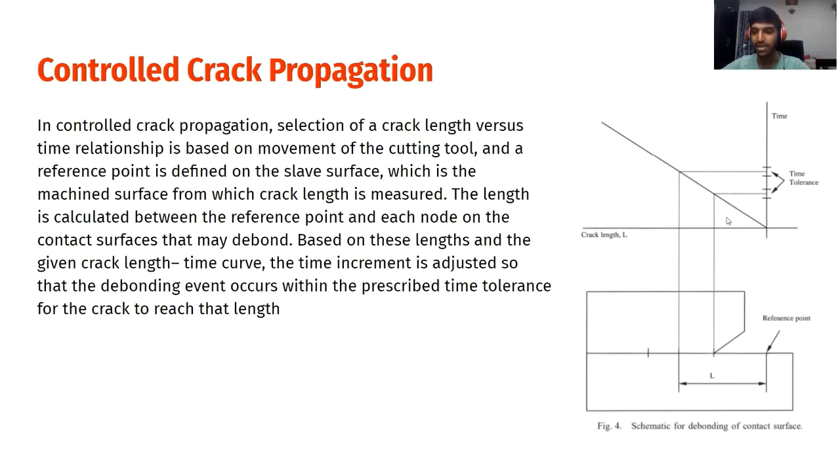This is plotted against time, and we get a real-time crack length versus time graph. Based on these lengths and the given crack length time, the time increment is adjusted so as to ensure the debonding follows the curve. Basically, if it starts to deviate away from the curve, we can adjust the time increment so that it falls within the prescribed time tolerance for the crack to reach that length.